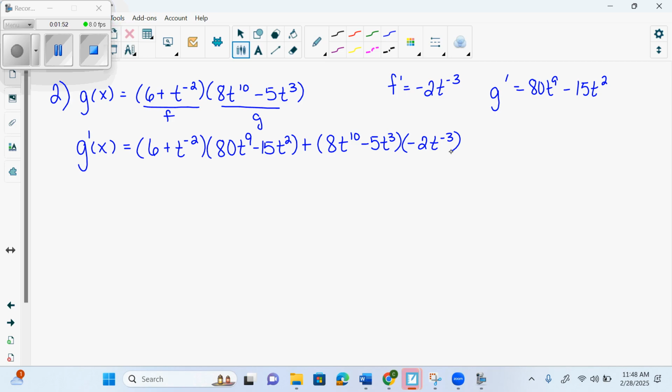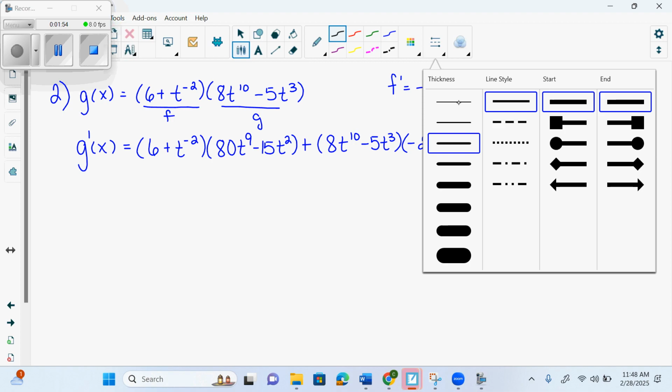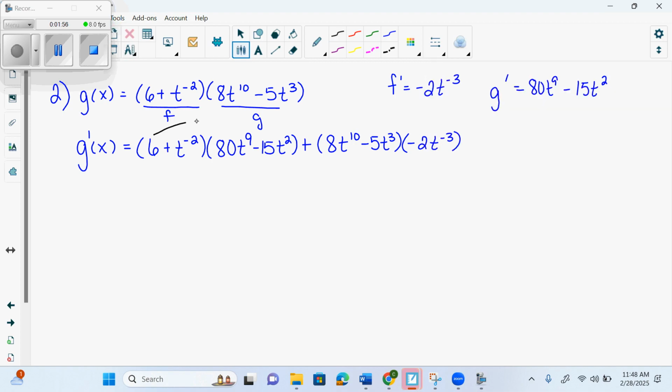Okay? So we are going to get 6 times 80. What's 6 times 80? 480 T to the 9. 6 times negative 15. Negative 90 T squared. And then T to the negative 2 times 80 T to the 9 is 80 T to the what? 7.